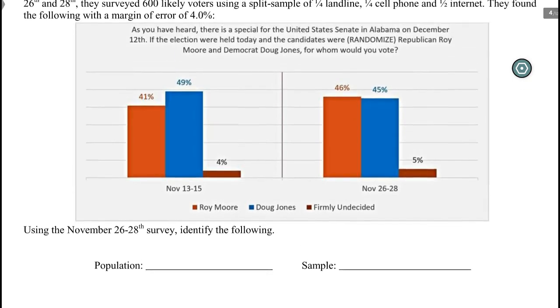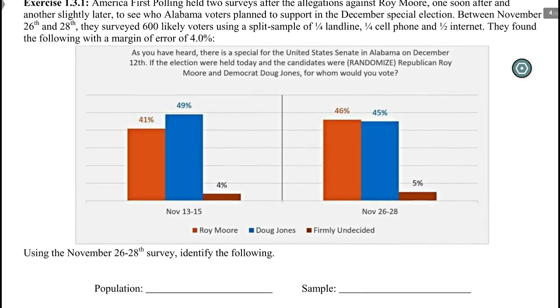The reason they did what we call a split sample, or more of a stratified sample, was because if you only sample people via landline, which is what they did in a couple of the polls mentioned in one article, then you're going to get a predominantly older, different demographic than what exists in Alabama, because the people who have landlines tend to be older. Anyways, they found a margin of error of 4%.